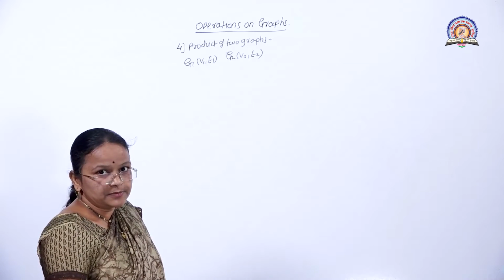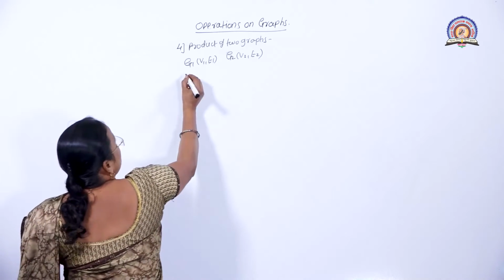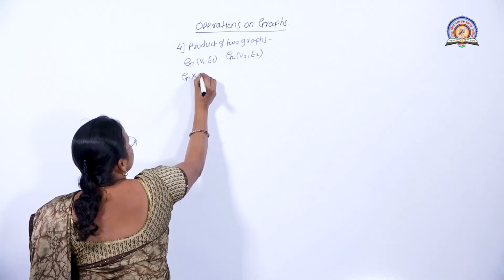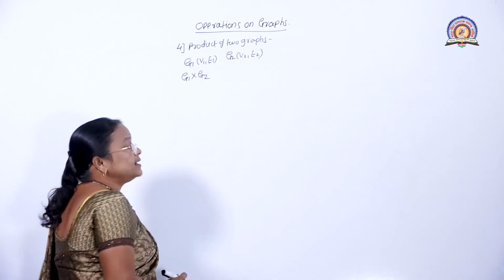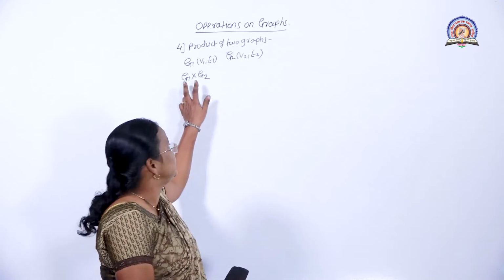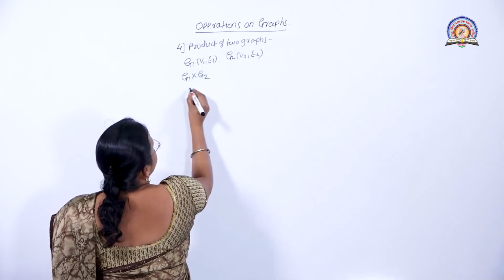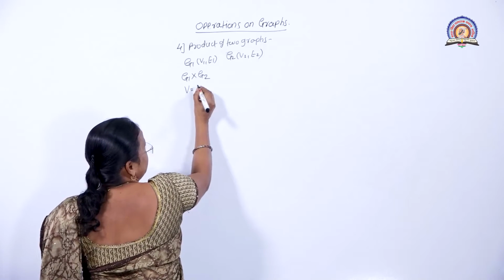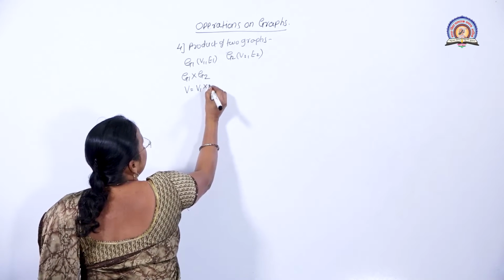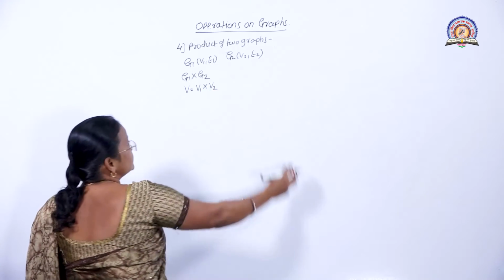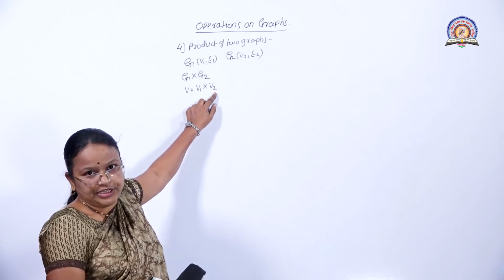These are the two graphs. Then product of these graphs is denoted by G1 cross G2 and is again a graph whose vertex set V is nothing but the Cartesian product of two vertex sets V1 and V2.